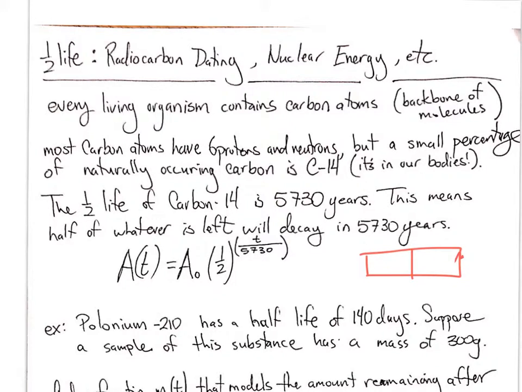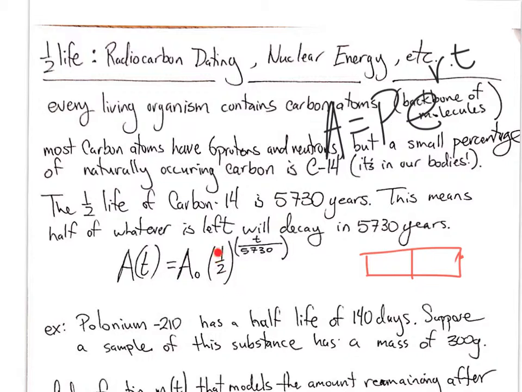So what's up with this equation here? The amount equals the original amount, which is just like what we had on our previous page: amount equals principal times a base to the rate times time. So very similar here. We have the amount after some time passes, the original amount, and the base. Notice here for half-life that the base is a half.